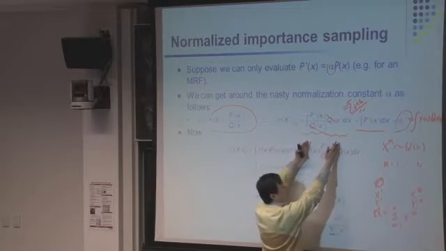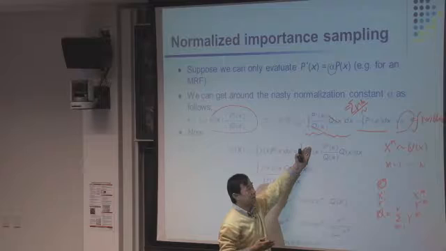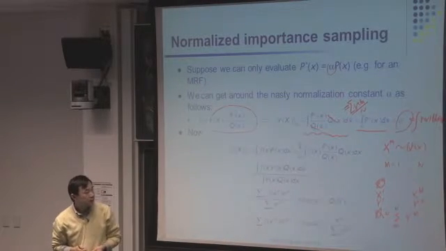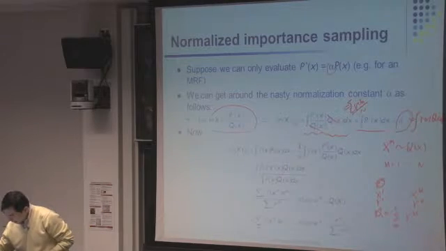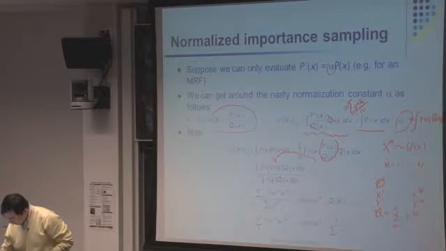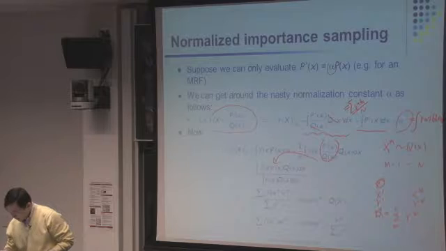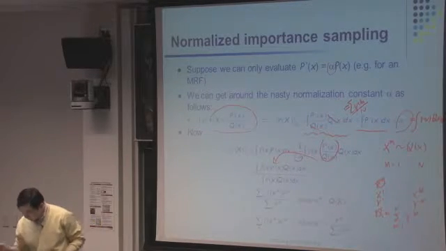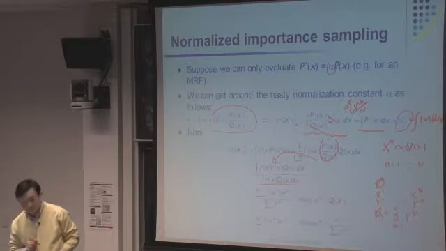So now for this part, how do we do that? This is R, right? And this alpha is what we get from here. It is this, right?